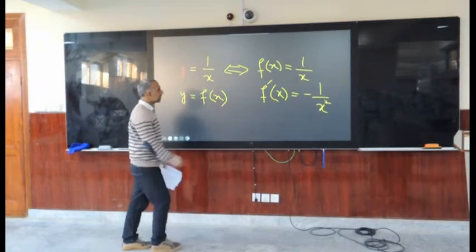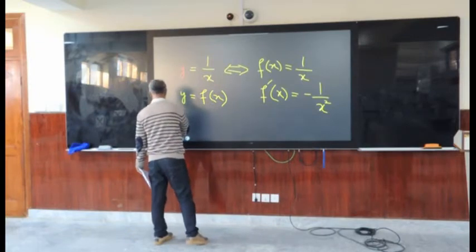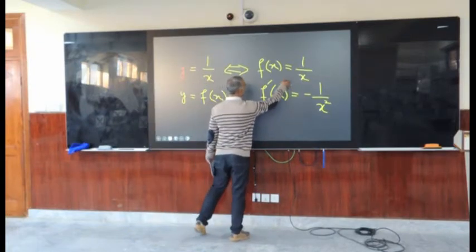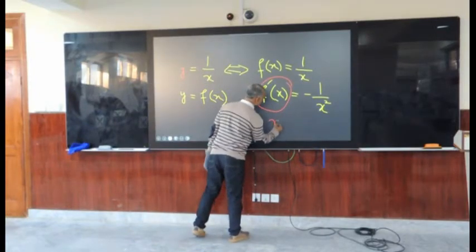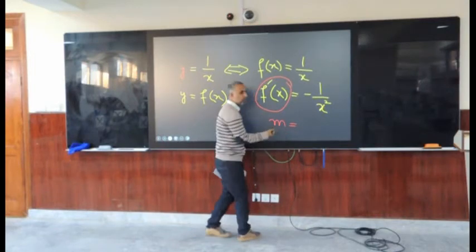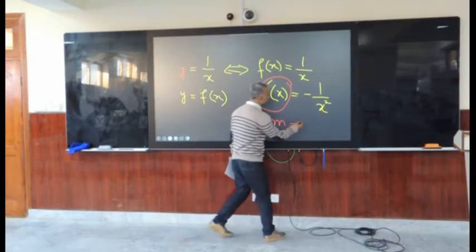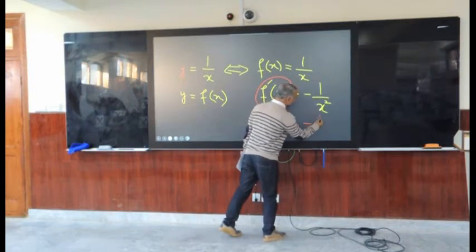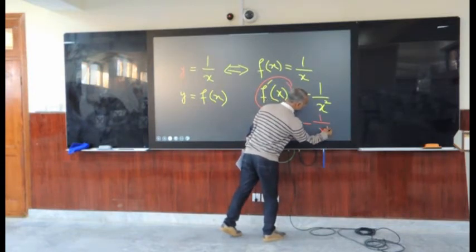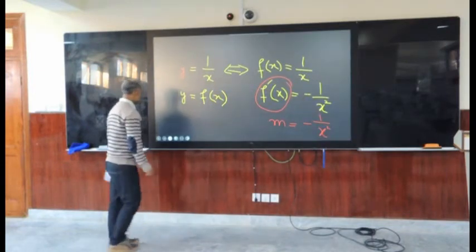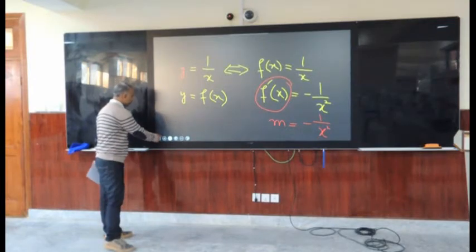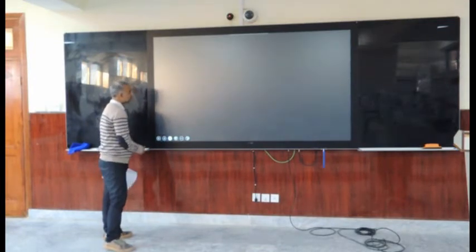What is this? Basically this is a slope, m of the tangent line. Slope of the tangent line is represented with this. Okay, remember this. We will use it in our further concepts.